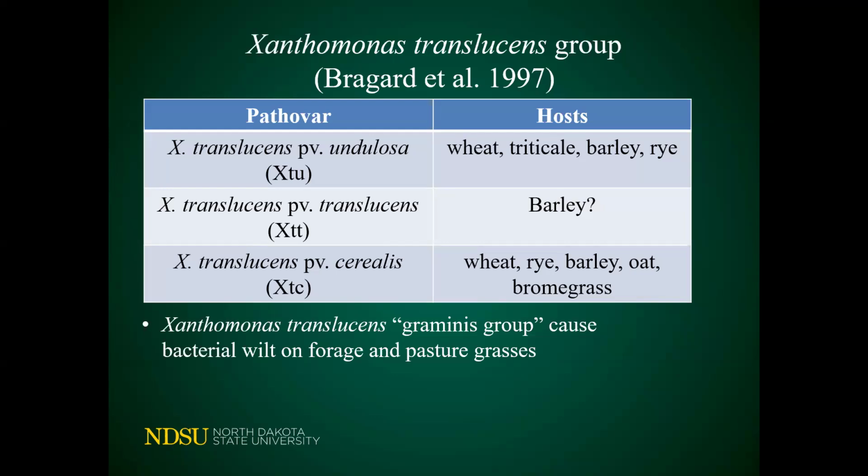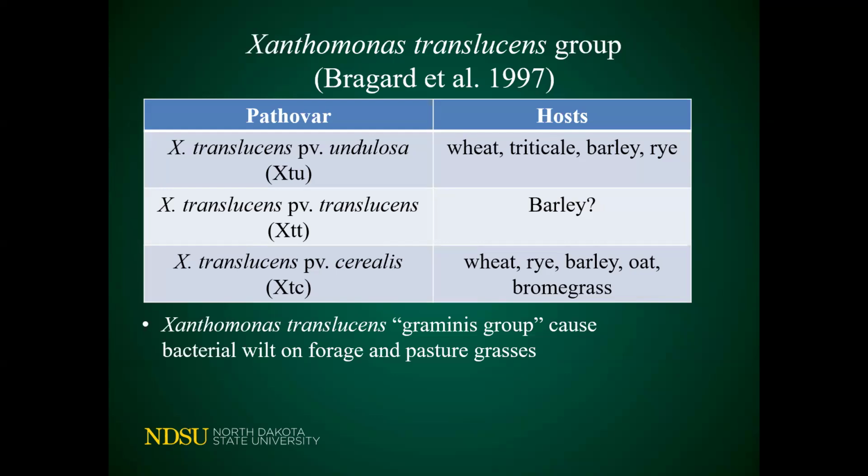XTU can infect wheat, triticale, barley, and rye. XTT, the translucens, we usually think only infects barley, but I put a question mark there because it's not true, and I can tell you later that it can infect other cereal species. And cerealis seems to have a wide host range. It can infect cereals and also grasses, like brome grasses.